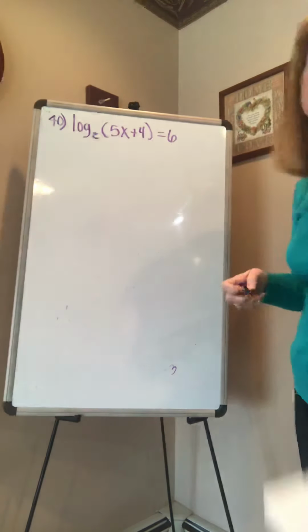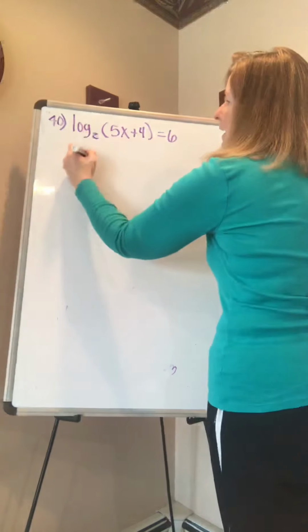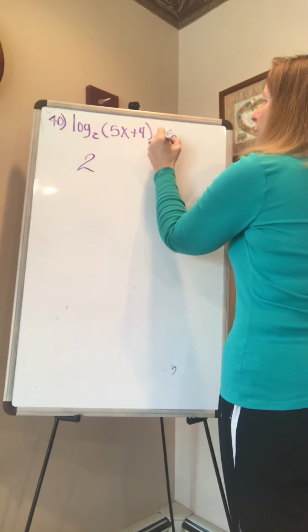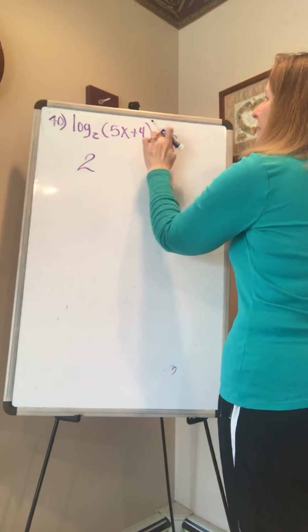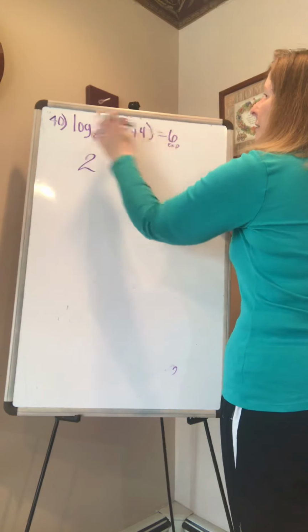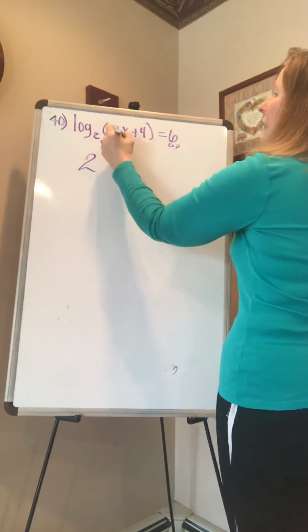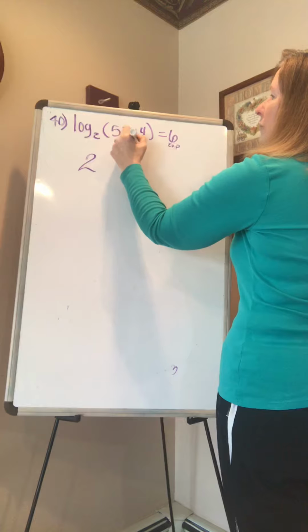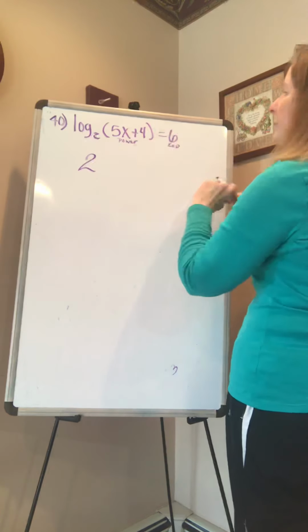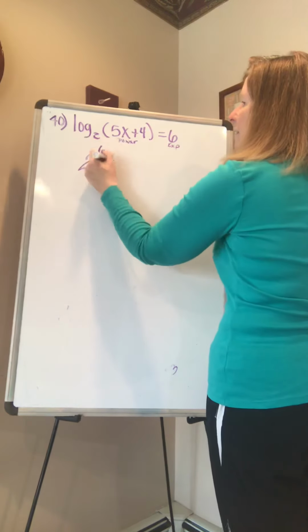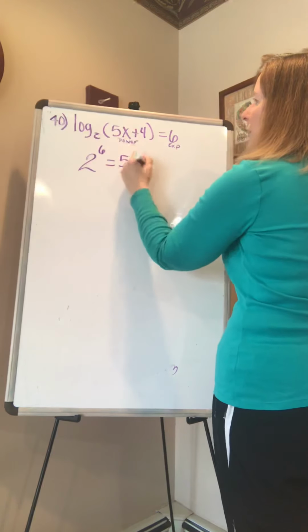Okay, the base is 2. The base is going to stay 2. This is the exponent because 6 is the log. 6 is the exponent on 2, and this is the power from lesson 1, and we're flipping. So 2 to the 6th is equal to 5x plus 4.